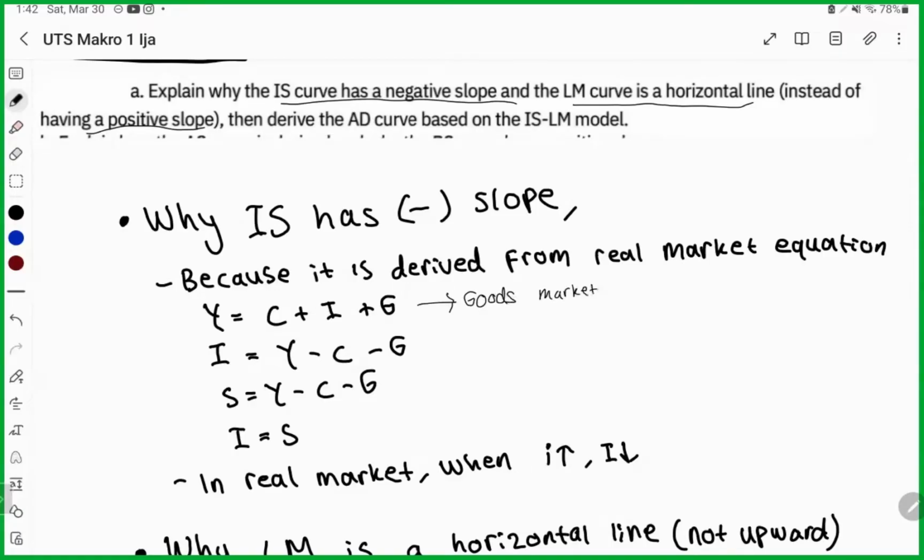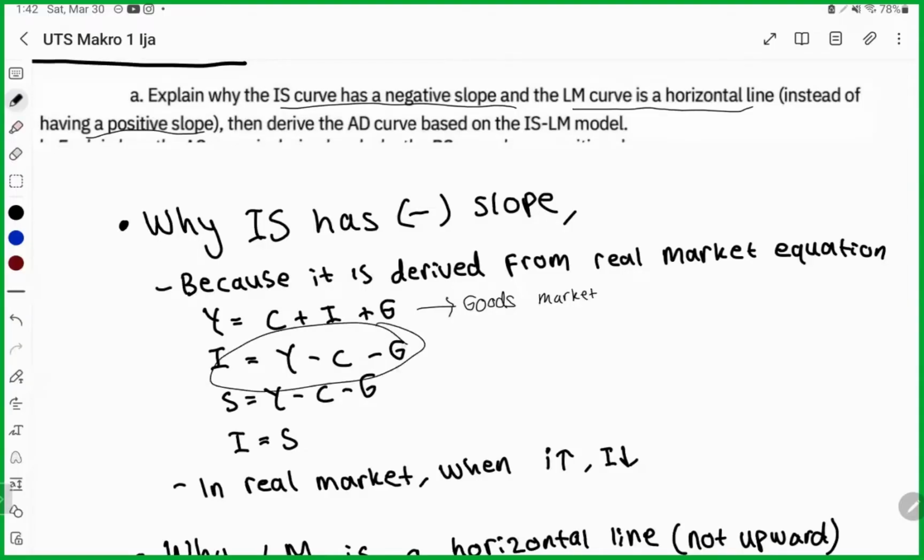Then from this, we can rearrange the equation so that it forms I equals Y minus C minus G. From here, we have found the goods market equation.